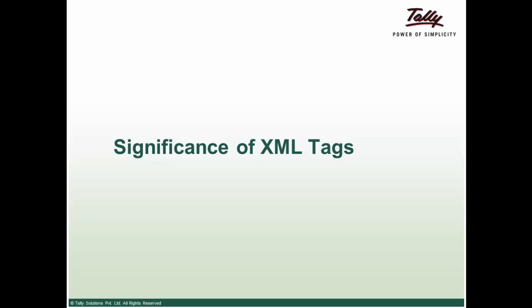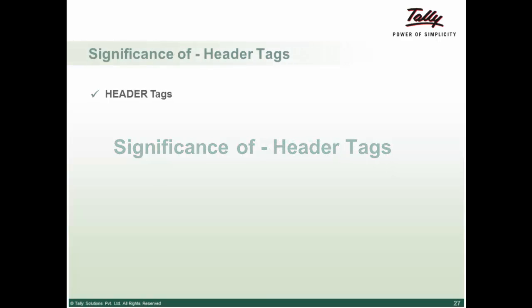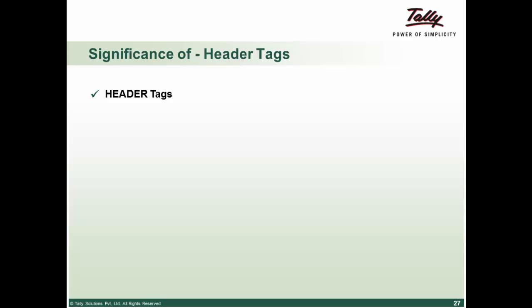Now, the significance of each XML tag. Starting with the header tags. So now the header tags has four types of tags, that is what we had just discussed: version, tally request, type, and ID.